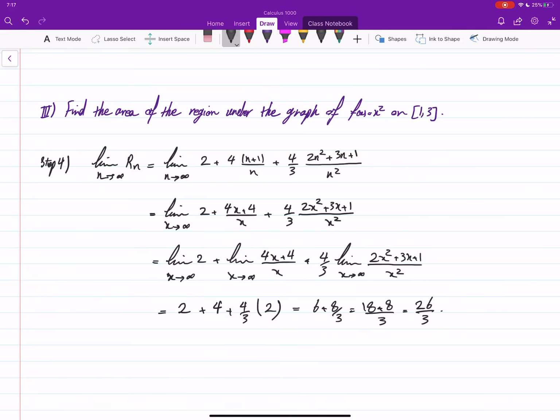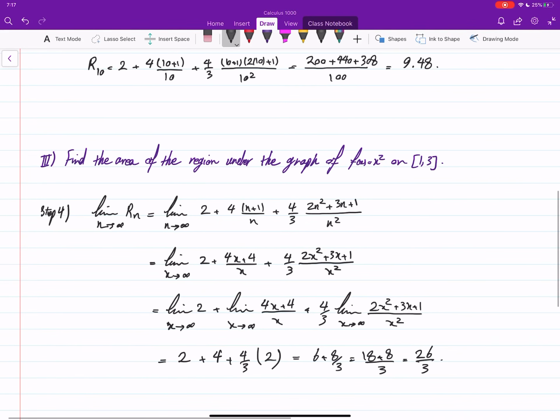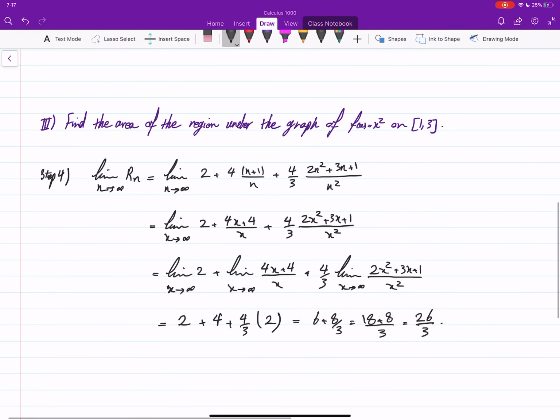And you see this number is 8 point something, 8.6666. And the number we found before for R10 is just a number close to that number, not the exact number, but this is what we have for the area.